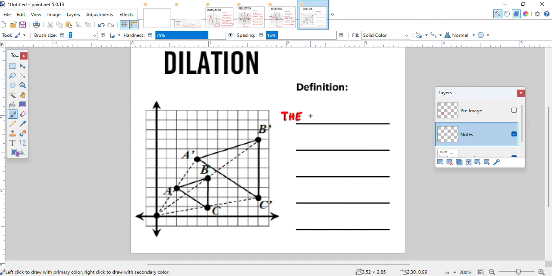and bear with me, I'm trying to write small as well. The enlargement or reduction. And I'm going to put those in quotations. The enlargement or reduction of a figure.